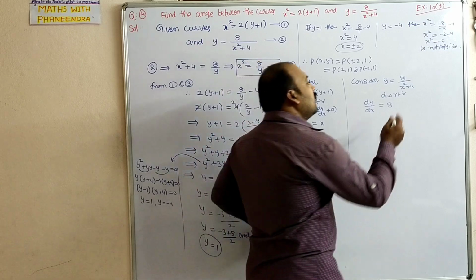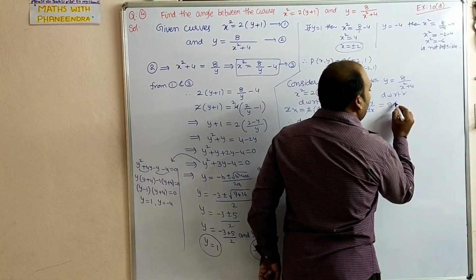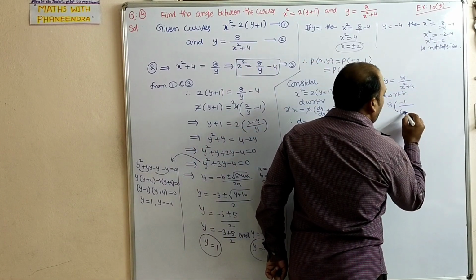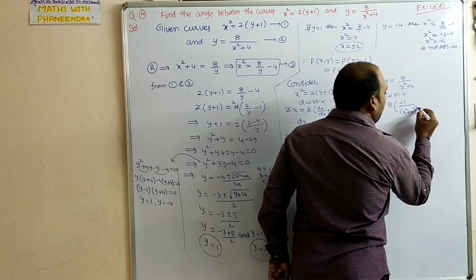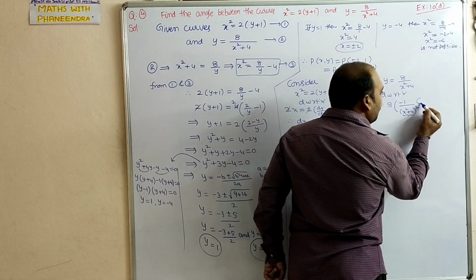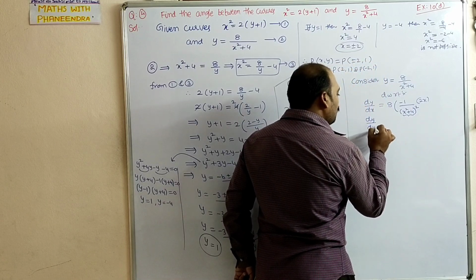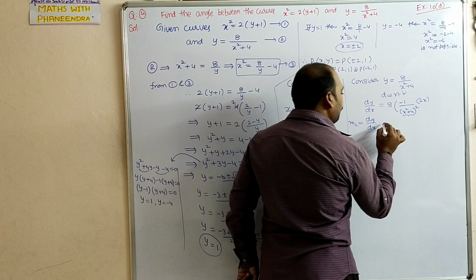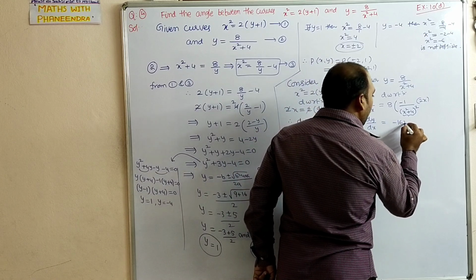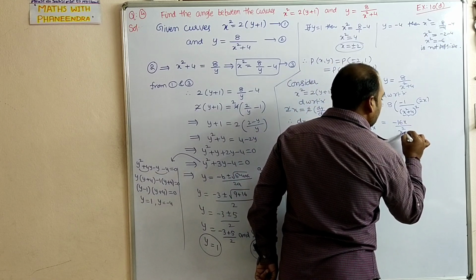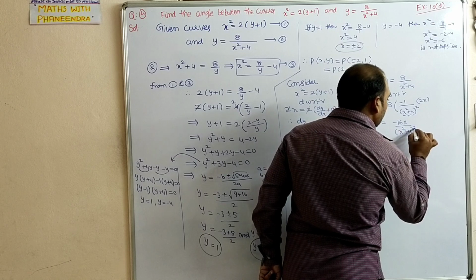Minus 1 by x square. So 1 by (x square + 4) derivative is minus 1 by (x square + 4) whole square. Again x square + 4 we have to differentiate, 2x. So dy by dx, which is the second curve slope m2, is equal to -16x divided by (x square + 4) whole square.